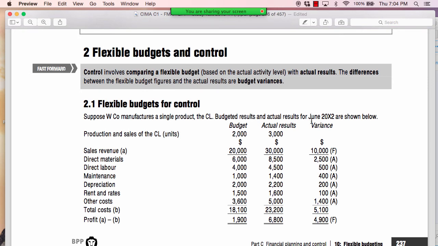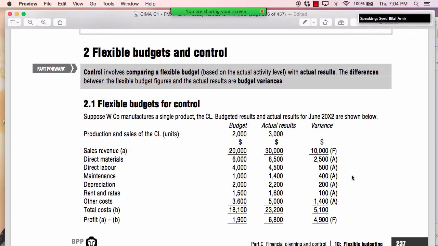All you're trying to do is compare the actual against the budget, and then you compare the variance. Is it adverse or favorable? In this case, you will see the sales is favorable, right? Of course, direct material, all these things are adverse. Why is it adverse?